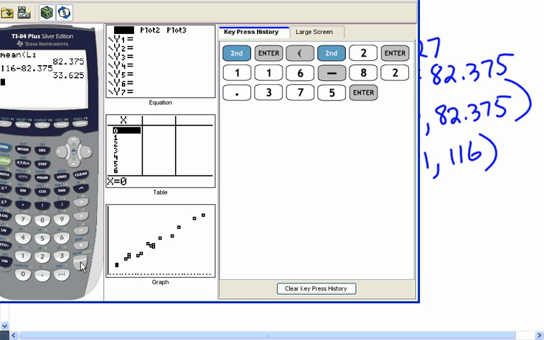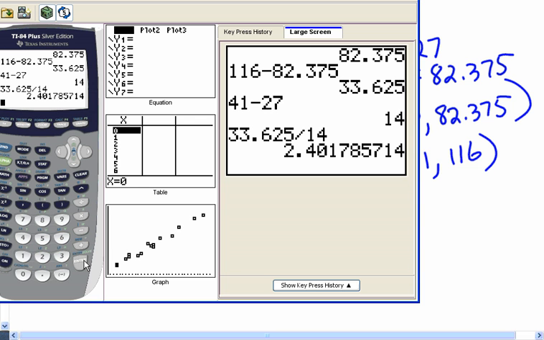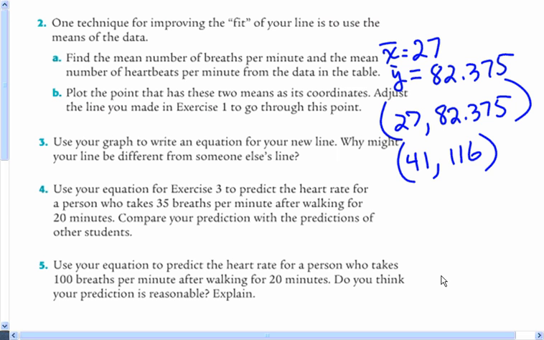That's my difference in my y values. Then I have to subtract my x values, which are 41 and 27. And I need to divide those two, so 33.625 divided by 14. And my slope is pretty close to 2.4. I'm going to go with 2.4.